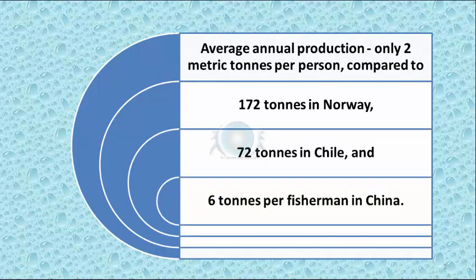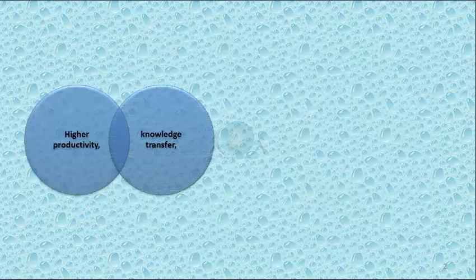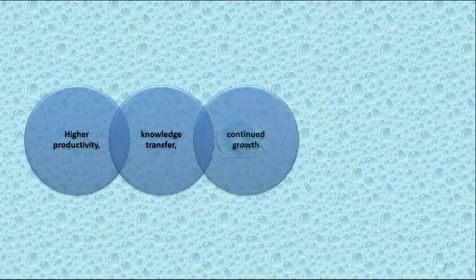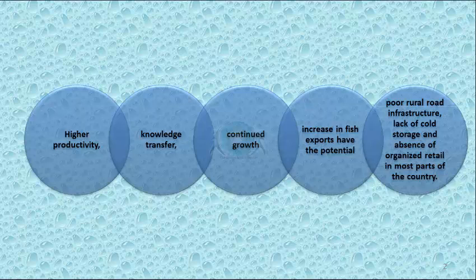Higher productivity, knowledge transfer for sustainable fishing, and continued growth in fish production with an increase in high fish exports have a large potential for increasing the living standards of our Indian fishermen. Now in India, fish harvest distribution is difficult because of the poor rural road infrastructure, lack of cold storage, and absence of organized retail in most parts of the country.